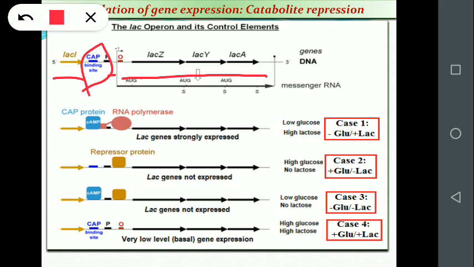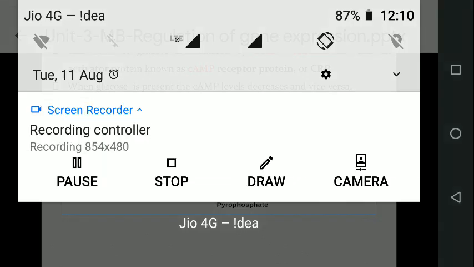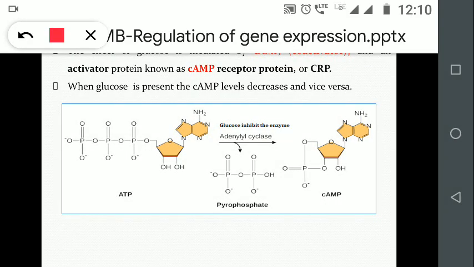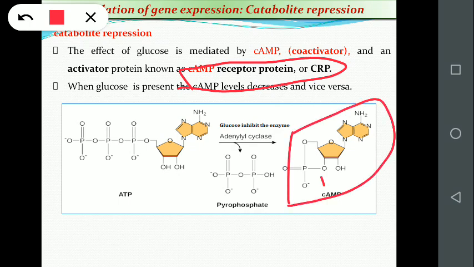Now what happens here is that cyclic AMP is bound by a receptor protein, the cyclic AMP receptor protein, also known as CRP. In the absence of glucose we will have cyclic AMP levels, and this cyclic AMP will bind CRP.